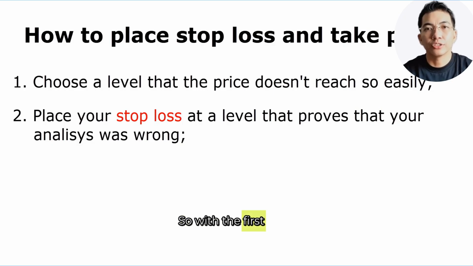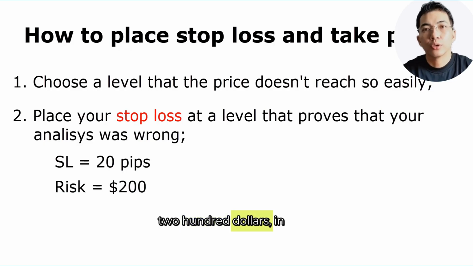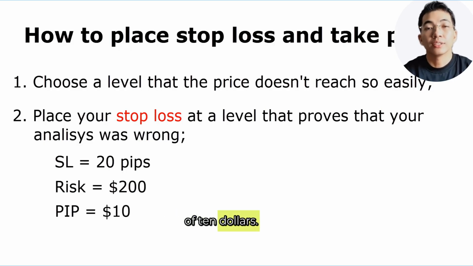So with the first two pieces of advice, I'm basically trying to help you avoid a mistake that many aspiring traders make. They want to have the stop loss close to the entry level because in this way they can trade with a bigger position and try to make more money. For example, if the correct stop loss is 20 pips and a trader wants to risk $200, in this case every pip will have a value of $10.